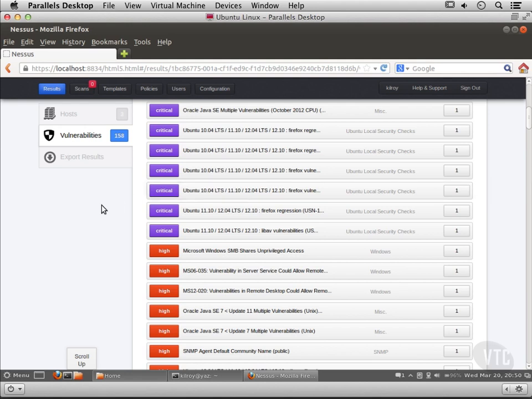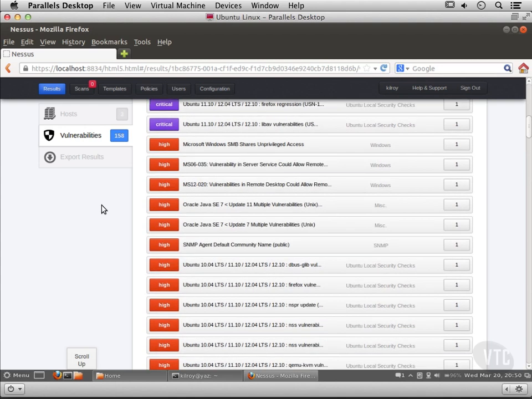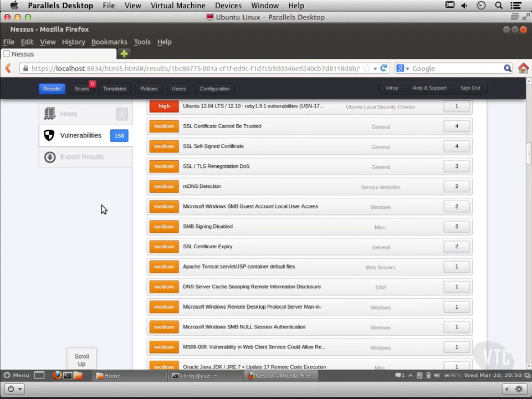And it did find these. But in order to exploit these, you'd actually have to be on the box. So you'd have to be able to either log in regularly or find another way into the system in order to exploit those vulnerabilities. Now, there are some other ones down here I did want to take a look at.